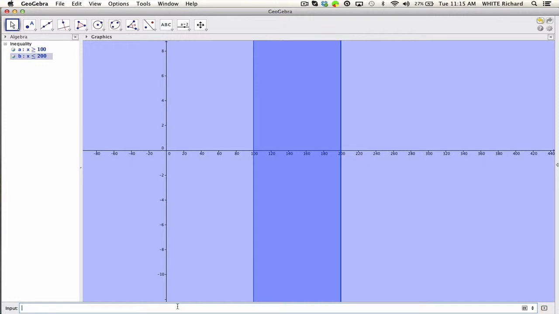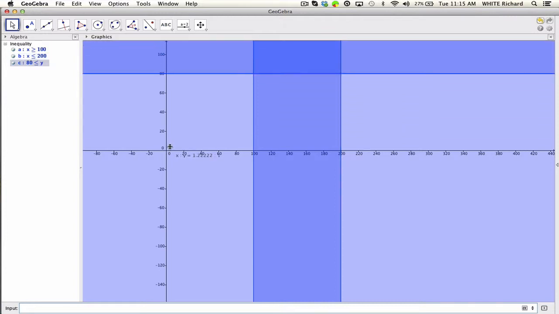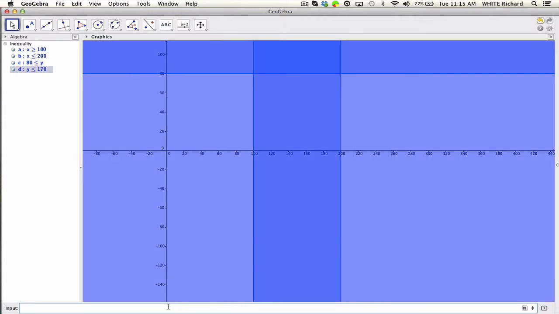We have 80 is less than or equal to Y. Let's see if that graphed. Right there. And then we also have Y is less than or equal to 170. Okay, let's grab that.